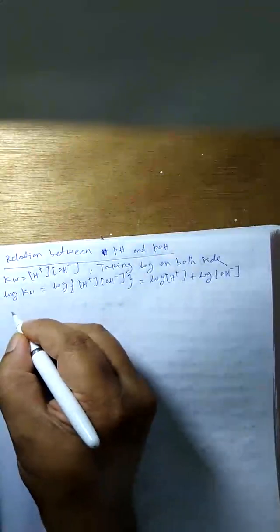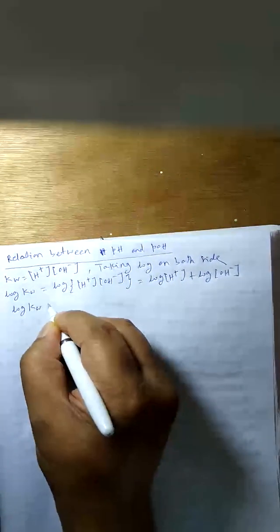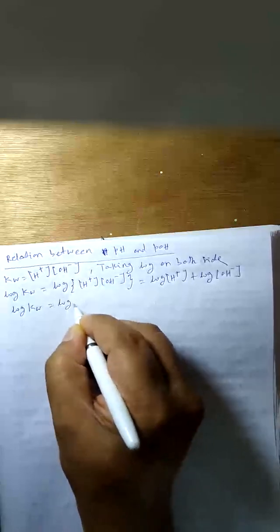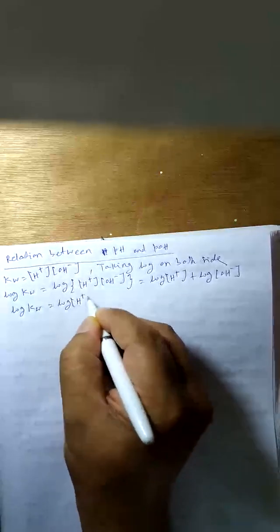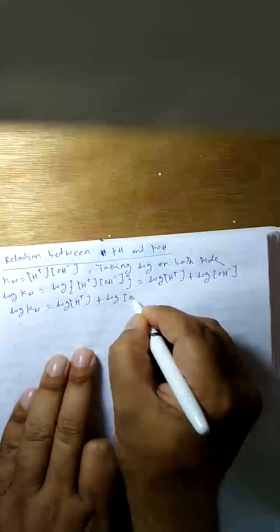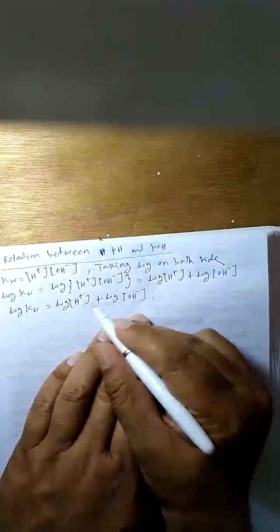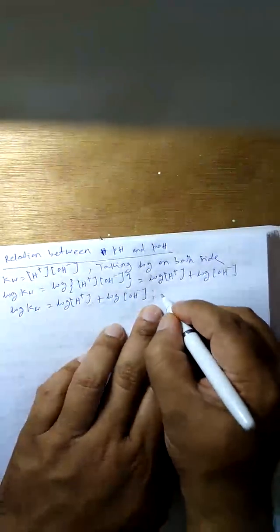Then what happens? Log Kw is equal to log H plus concentration plus log OH minus concentration. Then multiply minus on both sides.